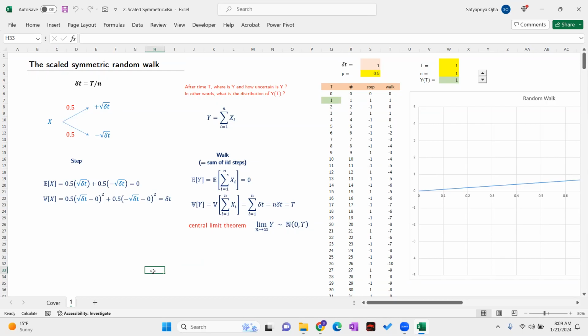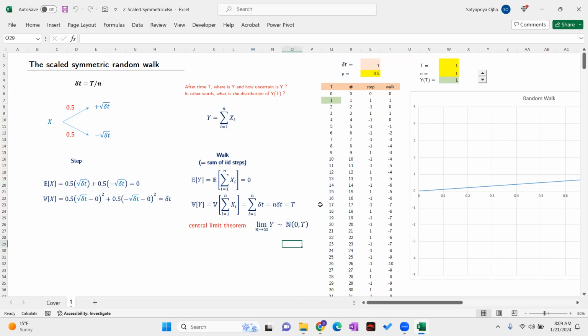You want to do a daily evolution, your number of steps would be 252. Accordingly, your delta t gets impacted, your step size gets impacted, but the overall effect is still tied to that 1 year, T. Right? So this is definitely much more useful than what we had before. Now we have things naturally linked to the variable of interest, which is our time of evolution.